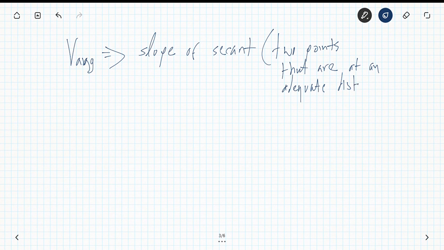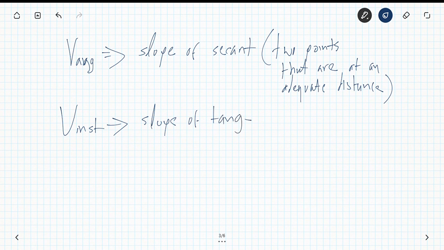Okay, and if you want the instantaneous velocity, then you need the slope of the tangent line. And how do we approximate the tangent line? You're going to basically choose 2 points that are very close to each other. And how do I know that? Well, you're going to choose a step that is approximately 0.01 or even smaller, so 0.001.